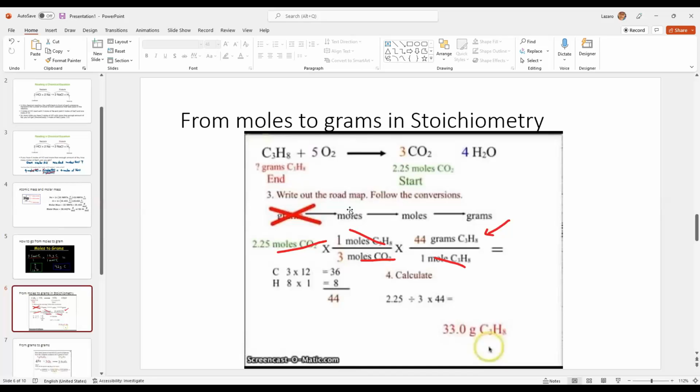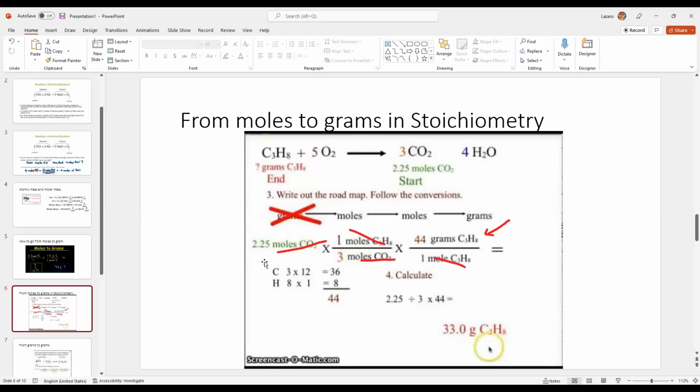Then you begin from moles of carbon dioxide, and using the ratio, you can calculate the moles of this substance that can be produced, and using the molar mass, you can calculate the grams of this substance that is the question in this case.